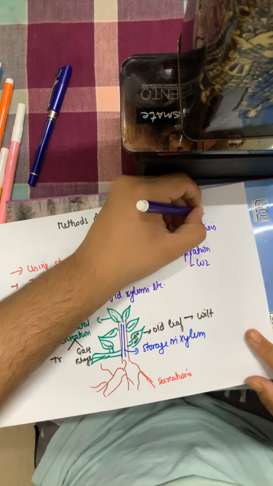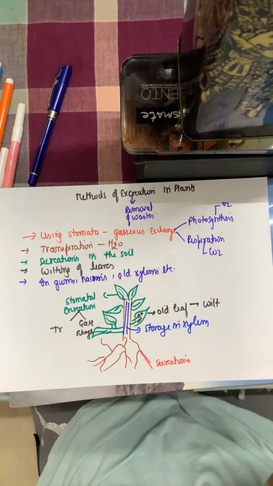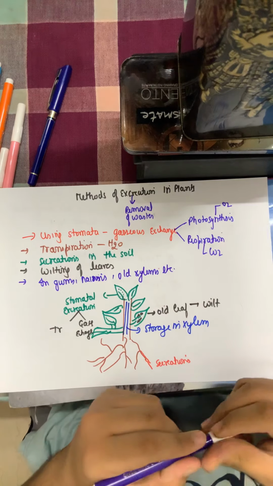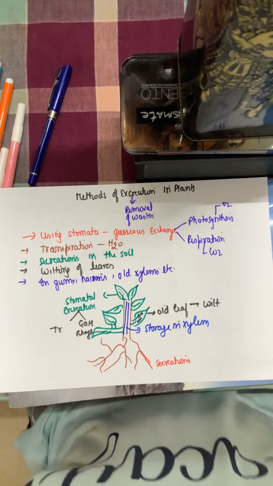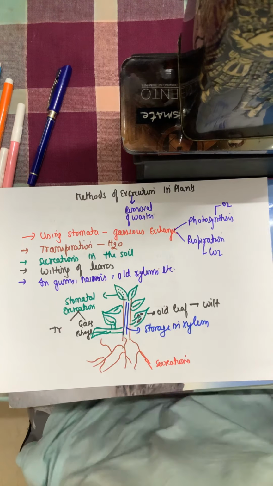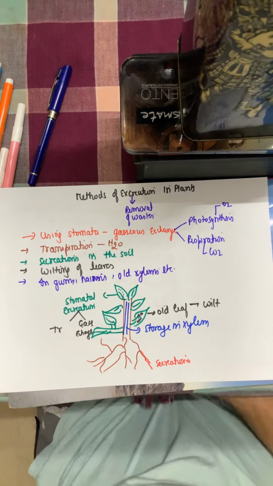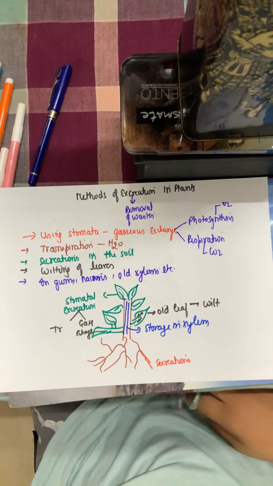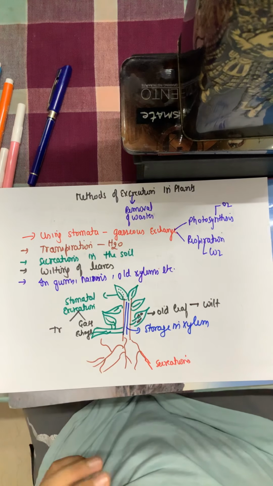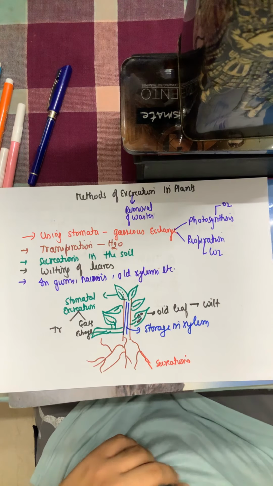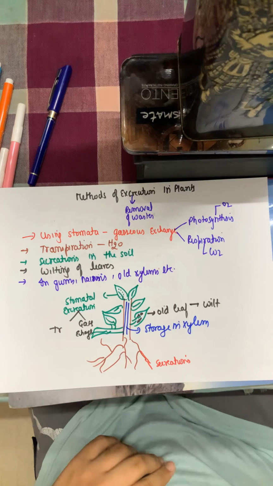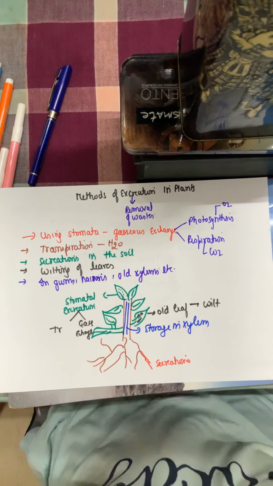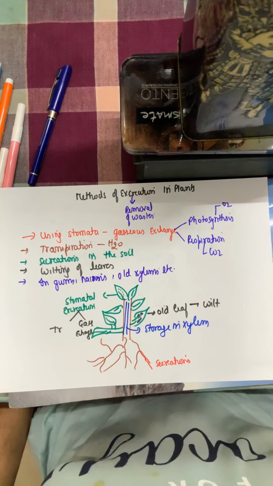In photosynthesis, the plants will remove O2, which is the byproduct and is unwanted by the plant. Fine. So by roots, by leaves, by stomata through transpiration and gaseous exchange, secretions of chemical compounds in the soil, etc., are all the methods through which the plants will remove these toxic and unwanted substances synthesized during their metabolic processes.